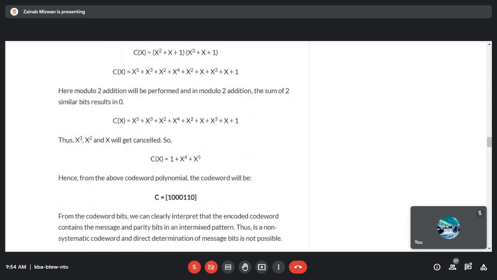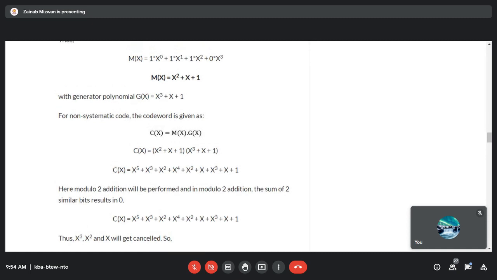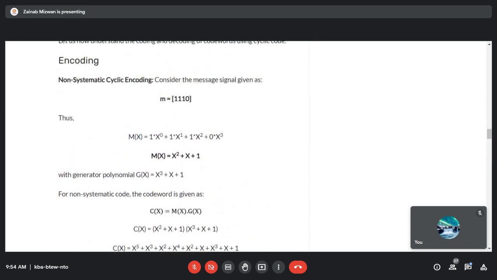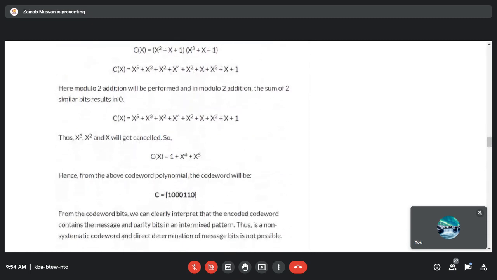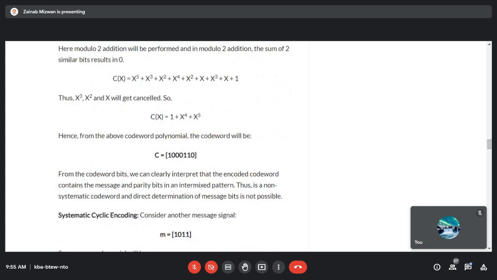And after converting it, what we are going to get is this particular code word. Now you can see in this particular code word, can we find the message? The message given to us was 1110. So can we find those message bits clearly in this code word? No, we cannot find that directly, but we get the message in this code word.